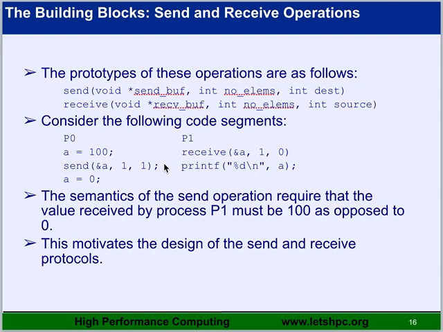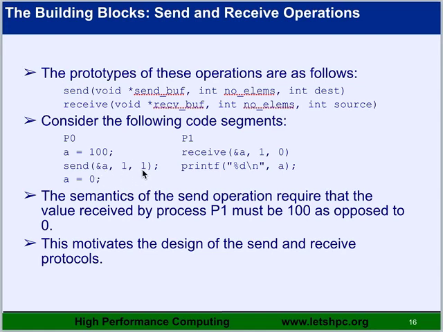Let's say that process 0 has a variable named a, and the value of that variable is 100, and this process P0 wants to send this data to process 1.